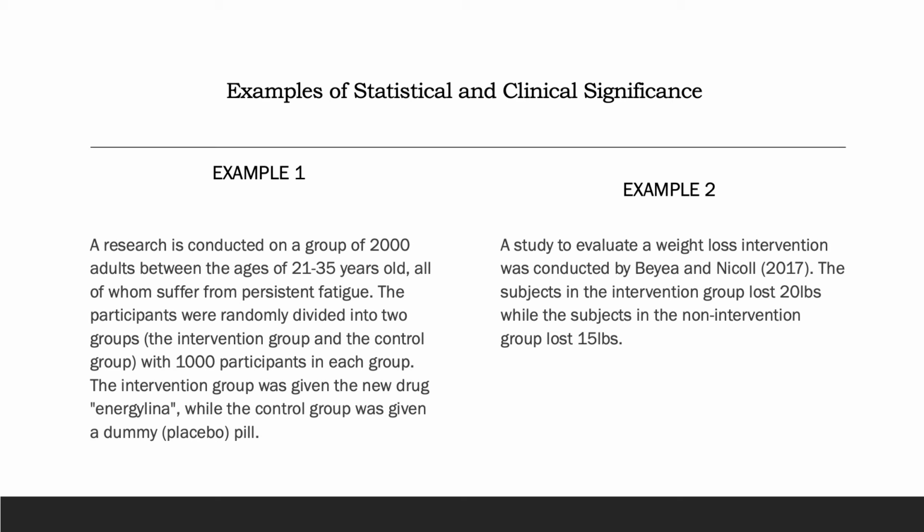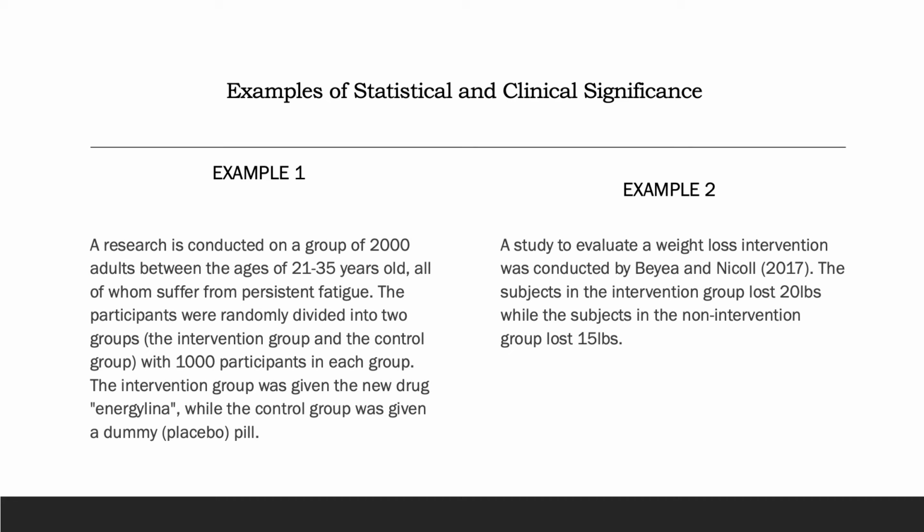A rated fatigue scale of 1 to 20 was used to measure the participants' level of tiredness, with 1 meaning that the participant felt completely well rested, and 20 meaning the participant felt entirely fatigued. The results showed that 90% of the participants that took the Energy Liner improved by 2 points on the scale, while 80% of the placebo group improved by 1 point.